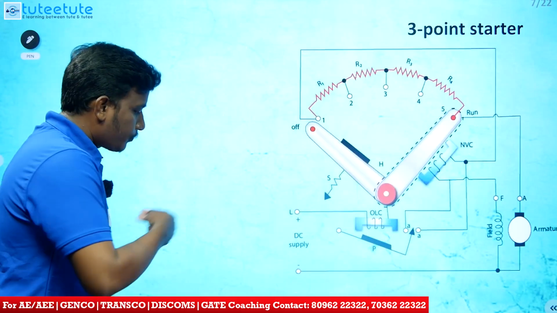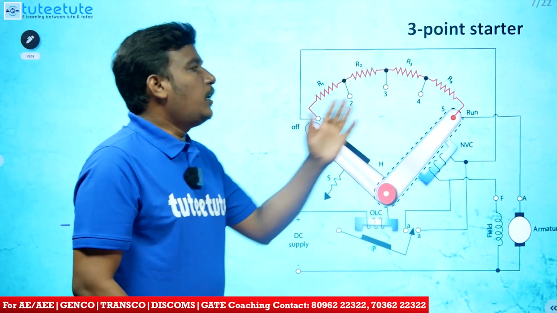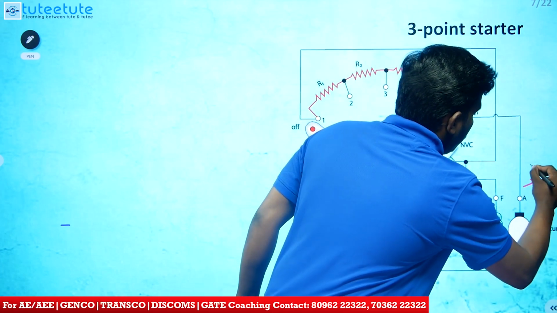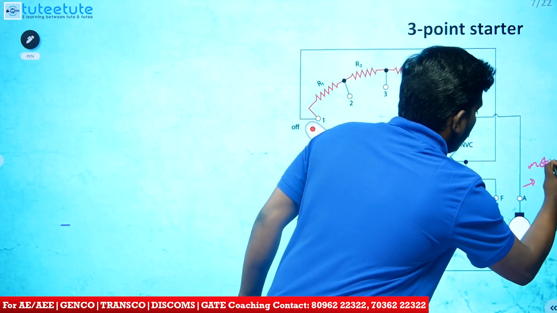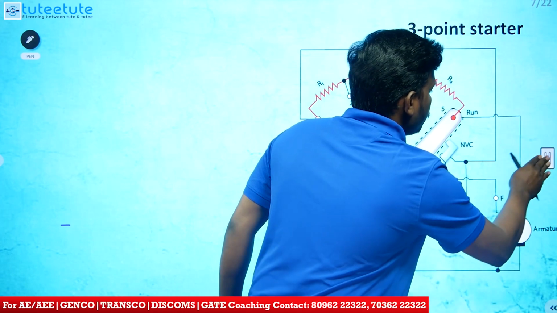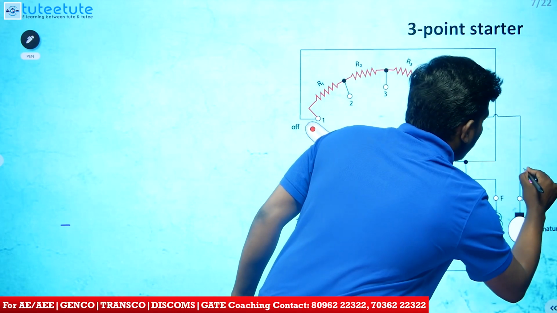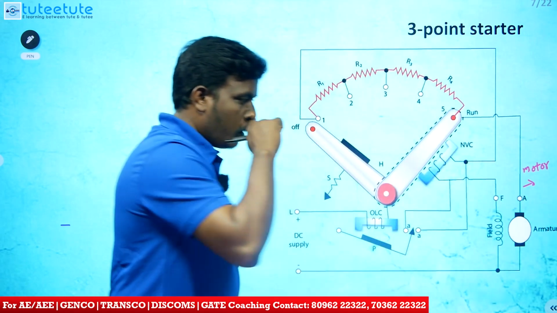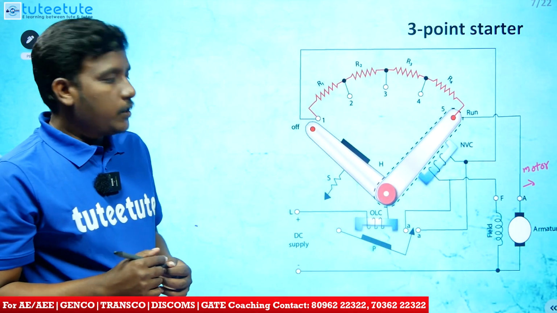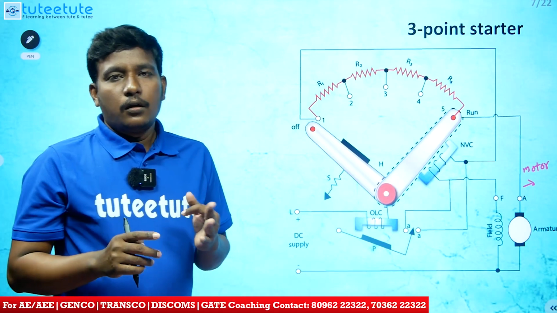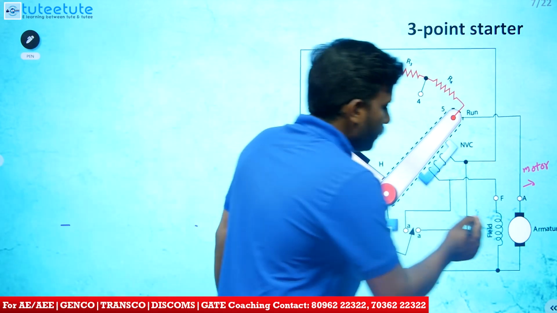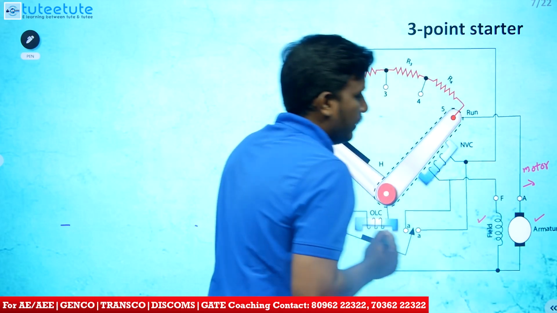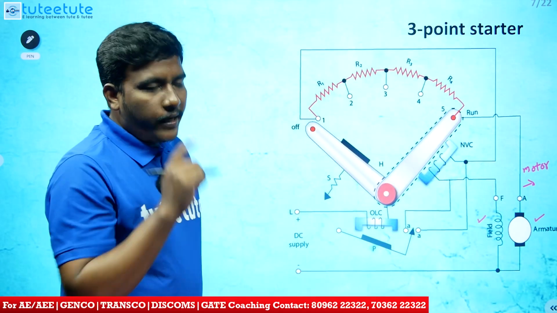Okay. The first method is the 3-point starter. This is our motor. Our motor has an armature and a field.